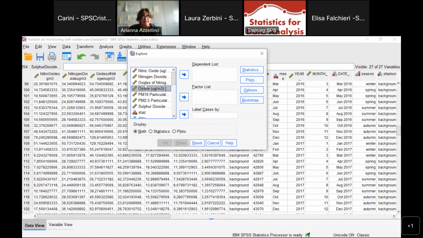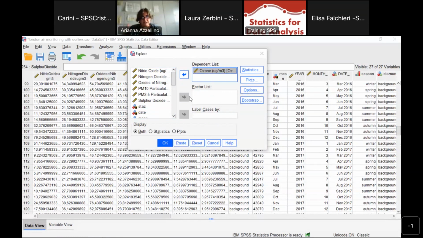I can select the ozone parameter as dependent. In the explore terminology, the dependent variable is the quantitative variable on which I want to calculate the descriptive statistics and also to assess the distribution.